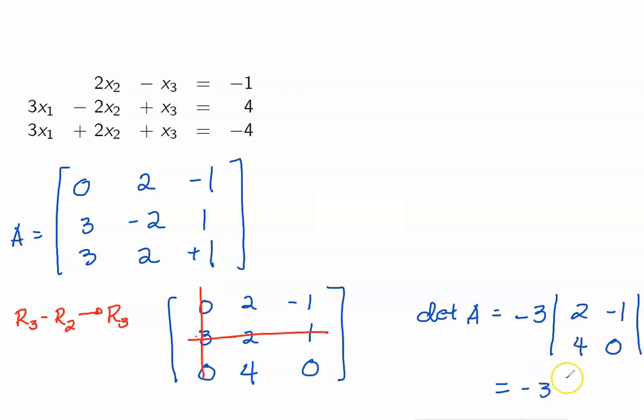We get negative 3 times 0 minus negative 4. That's positive 4. We get negative 12. Hence, since the determinant is not equal to 0, this one has exactly one solution.